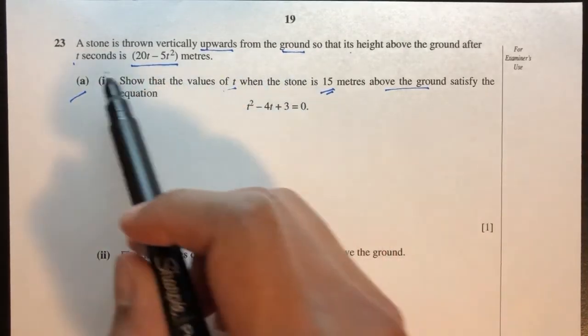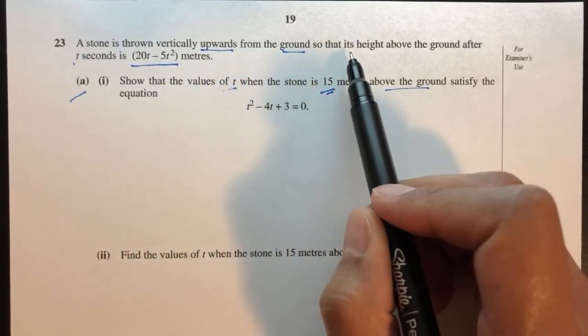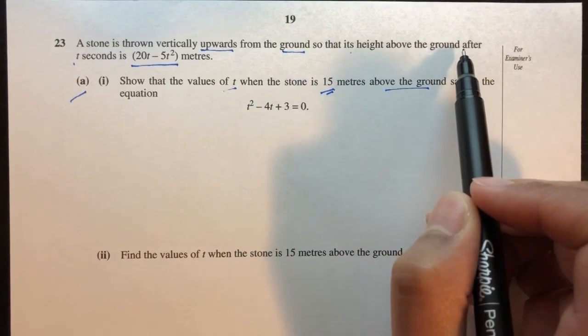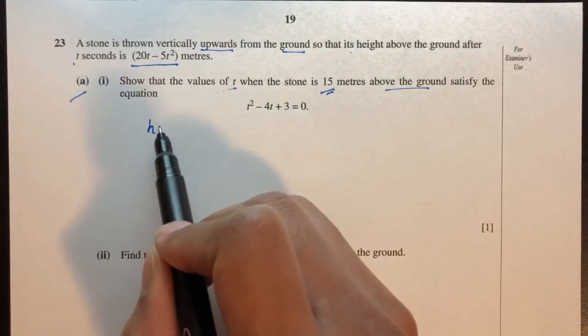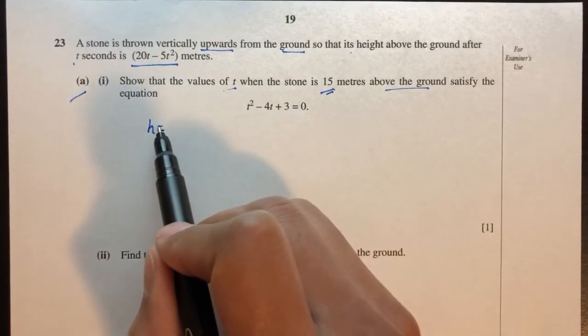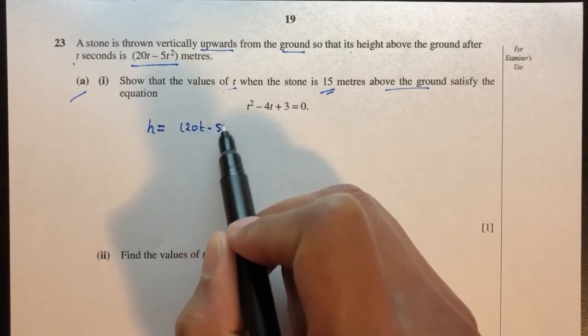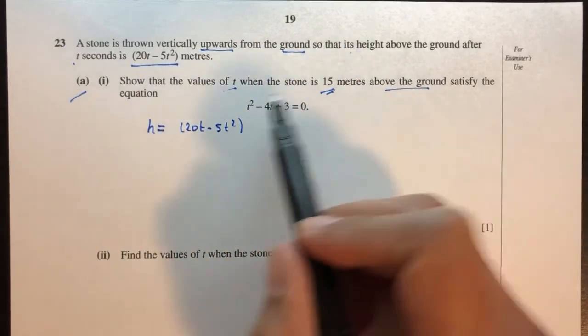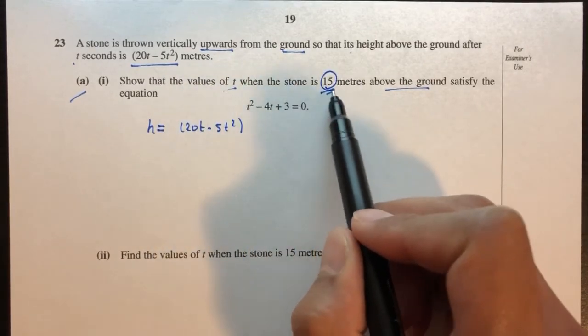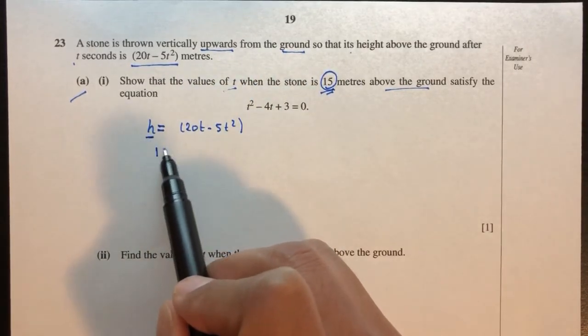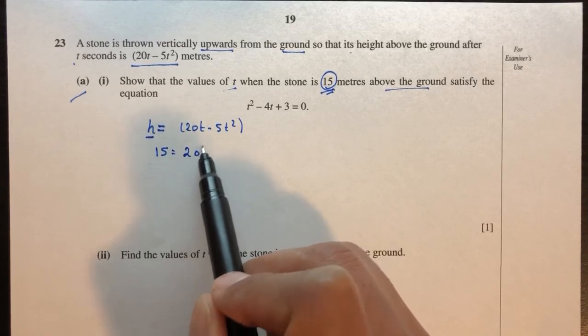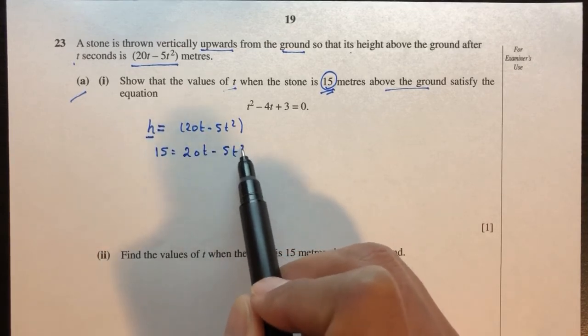So let's use this formula here. It says the height above the ground is 20t minus 5t squared. Now it says when the stone is 15 meters, that will be 15 equal to 20t minus 5t squared.